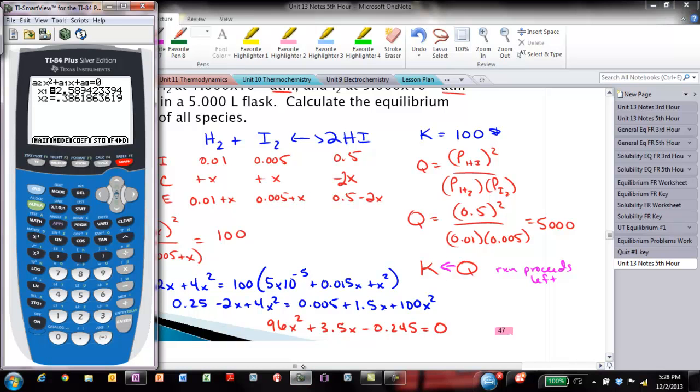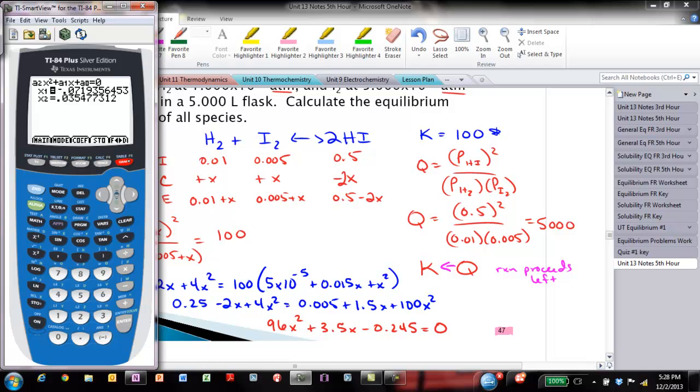Go back into my quadratic solver, and enter in 96, 3.5, negative 0.245. Go and hit solve.